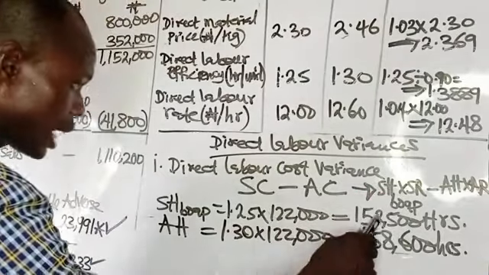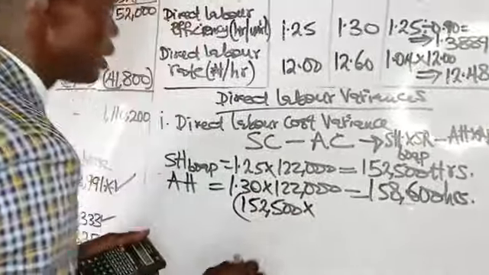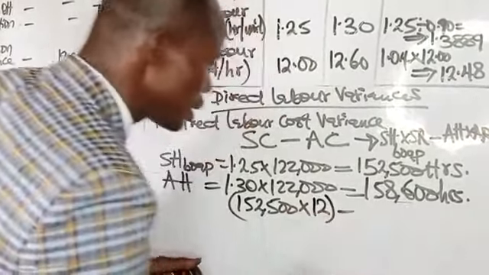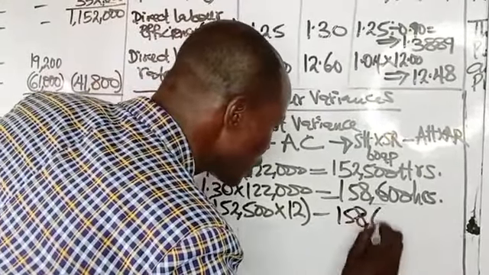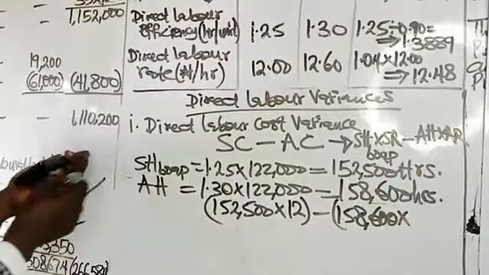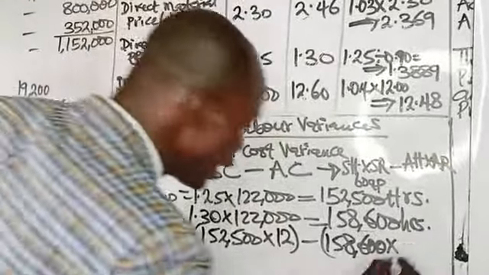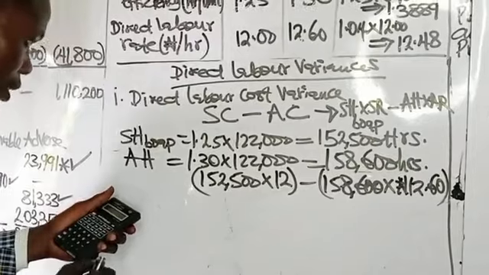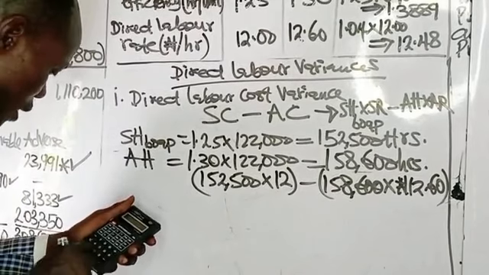So standard hour times standard rate. Standard hour, that is 152,500 times standard rate. And the standard rate is 12 naira, minus actual hour times actual rate. Actual hour is 158,600 times actual rate. And our actual rate is 12 naira 60 kobo. So what is the product of this? 152,500 times 12.